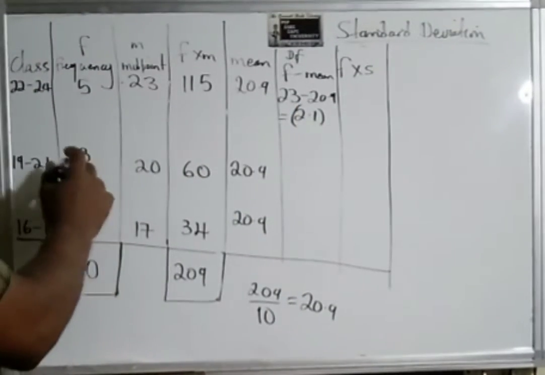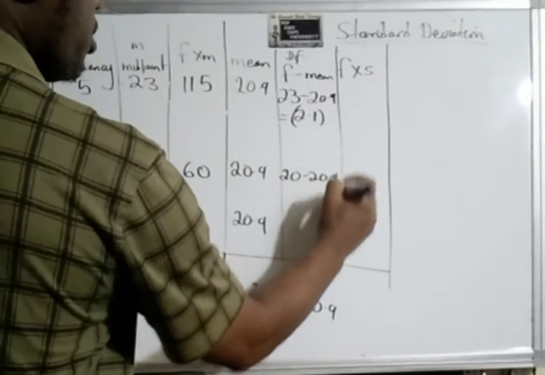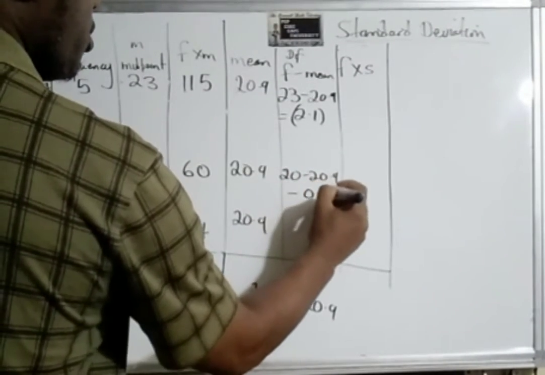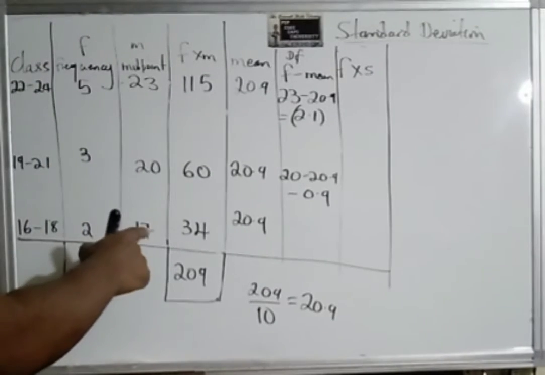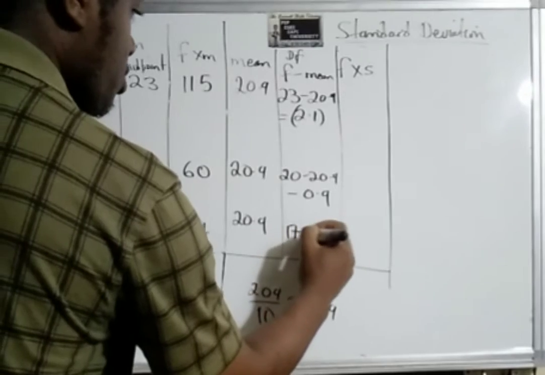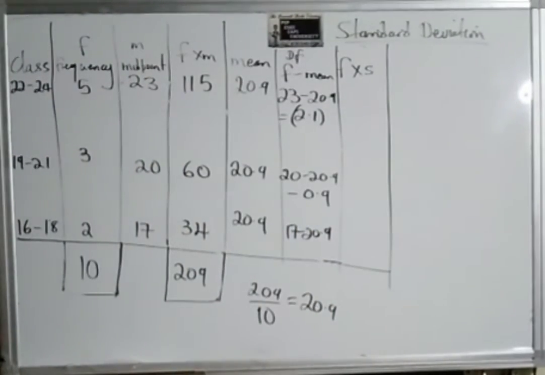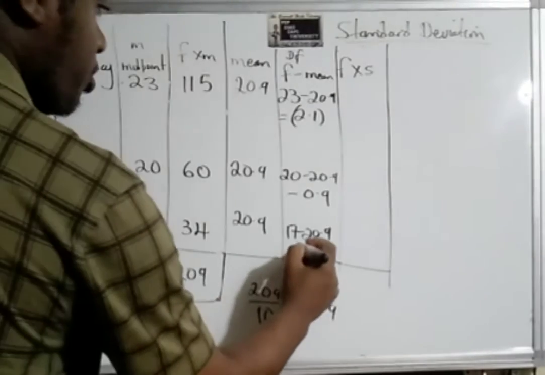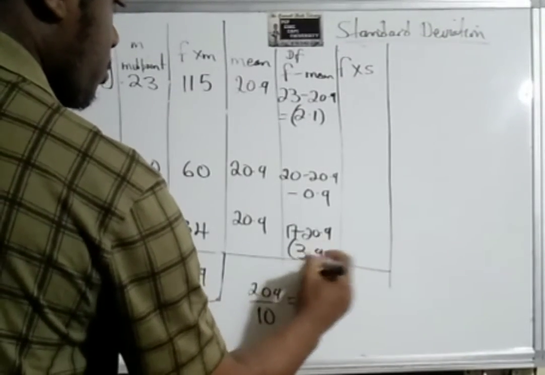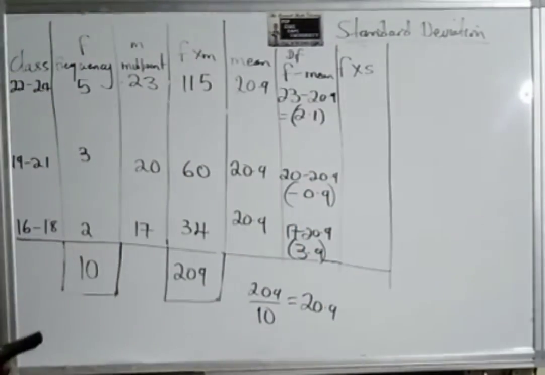Same thing, 20 minus 20.9, that will be negative 0.9, and 17 minus 20.9 will be negative 3.9.